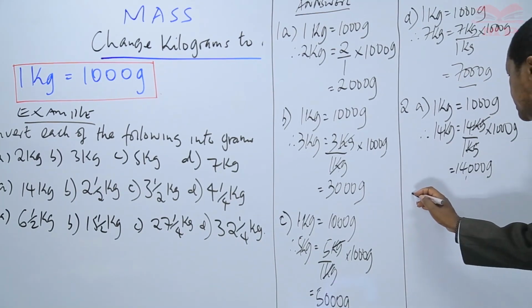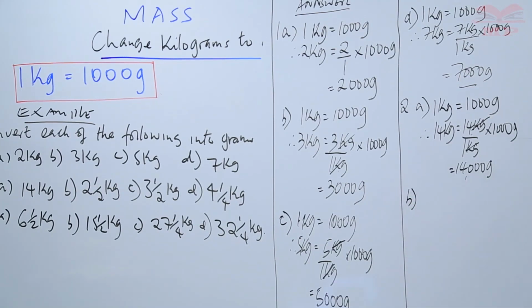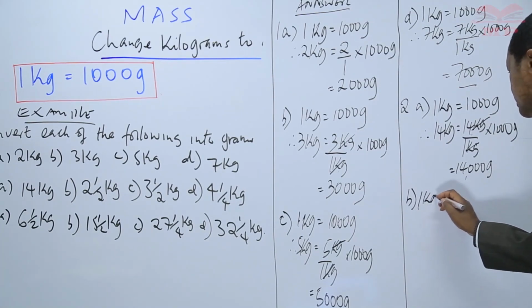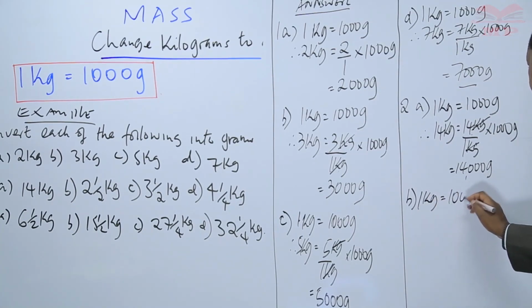Then 2B. We are converting 2.5 kilograms to grams. 1 kilogram is equal to 1,000 grams.